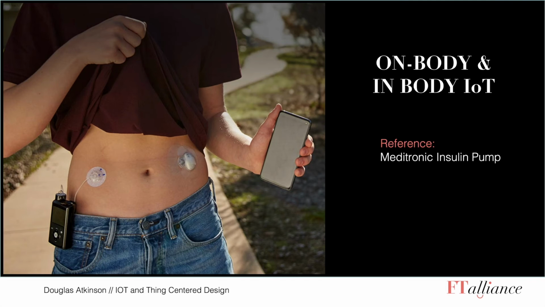So this technology actually starts to transgress the idea of what can be worn on the body. It's a look at what can be worn in the body. It actually punctures the surface of the skin. So we're looking at not just on-body Internet of Things, but also in-body Internet of Things as an evolution of some of the healthcare devices that can be connected to the internet.